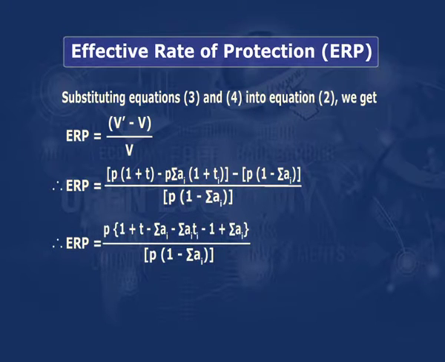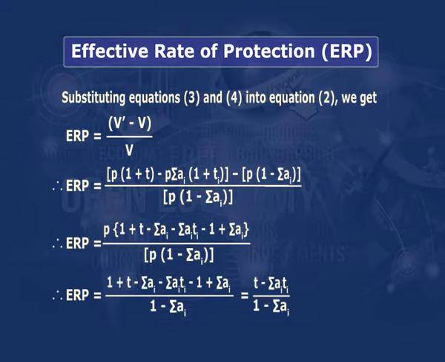Simplifying, ERP is equal to [1 plus T minus summation Ai minus summation AiTi minus 1 plus summation Ai] upon (1 minus summation Ai). Therefore, ERP is equal to (T minus summation AiTi) upon (1 minus summation Ai).